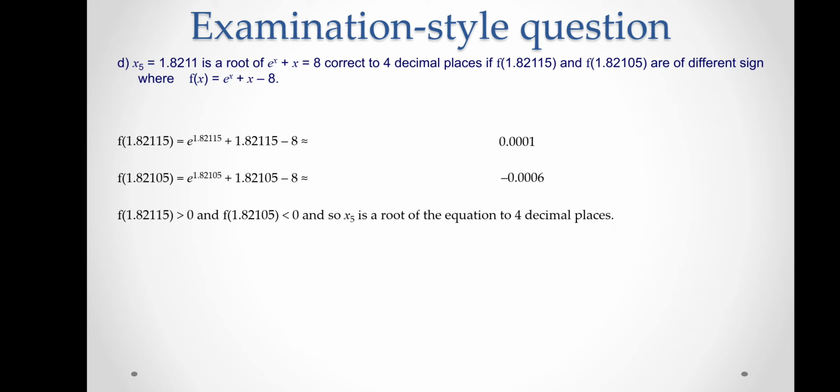There is a sign change, therefore it has a root in between 1.82115 and 1.82105. Therefore it has a root between those two values. So that's about the numerical method. So thank you very much for listening to this video.